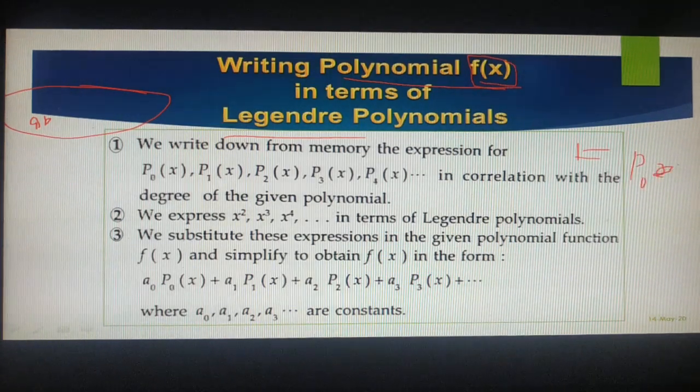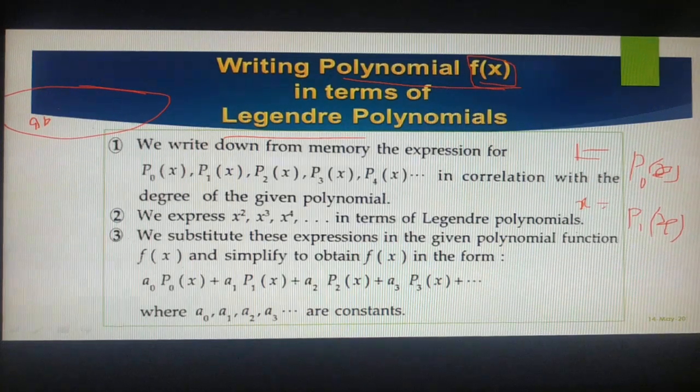Just now we learned this result. Suppose I have just a single variable x, its value is equal to P1 of x. Do you remember?